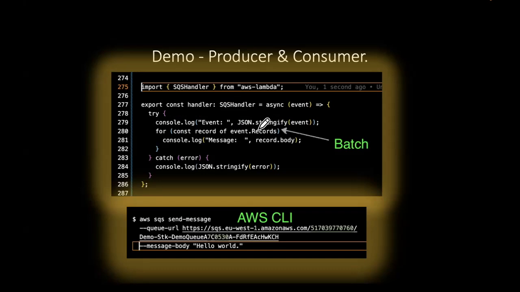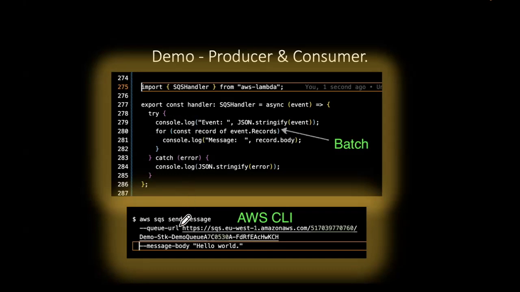I'm trying to access the batch of messages within the event. And I've said on numerous occasions that it's always going to be a batch. Even if there's only one message in the batch, you still have to treat it as a batch. And a batch is essentially an array, which is why I'm looping over it. So record here, as we loop through this, is always going to be pointing at one of the messages in the batch, and I'm just console logging the message.